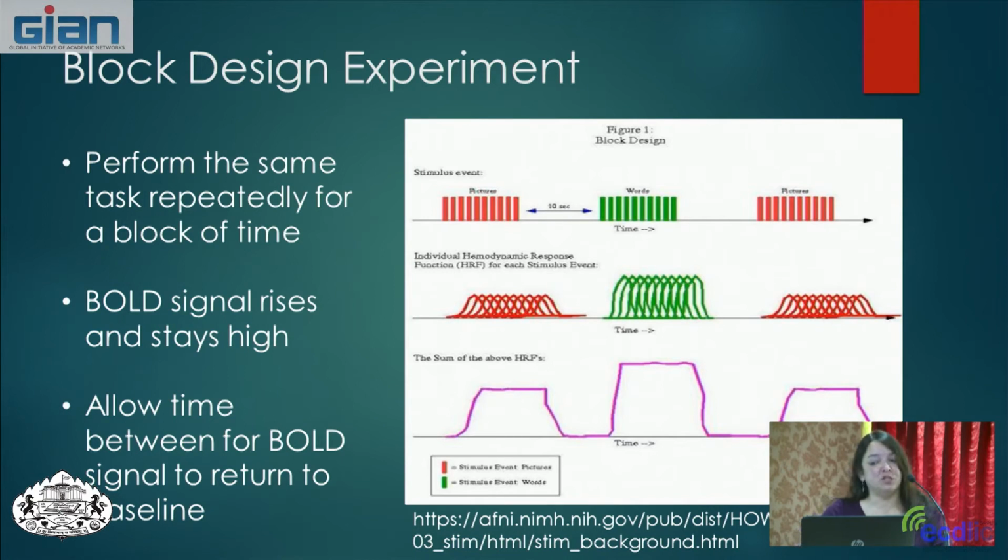This break between the blocks is designed to allow the BOLD signal to go back down to baseline in the areas that we're activating and then turning off again. So it is a set of pictures. It's not just one picture. Correct. It's a set of pictures that they're looking at repeatedly over time, and that's the block design.